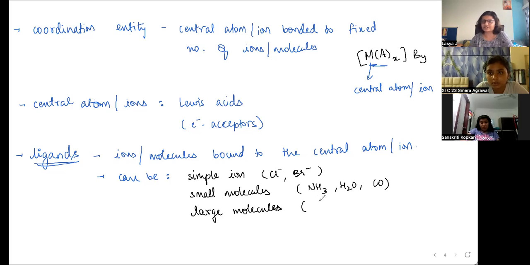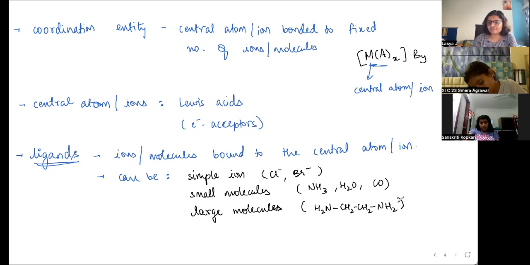We'll come across the nomenclature part later. The structure of ethylene diamine is H2N, CH2, CH2, NH2. Whenever you have a large molecule that is bound, there is a possibility that both these nitrogens can get bonded to the central atom or ion. There's a special term used for that, which we'll come across.